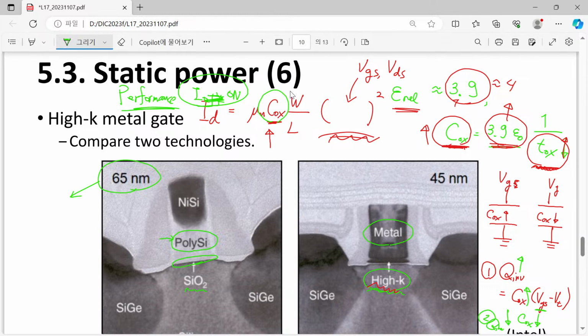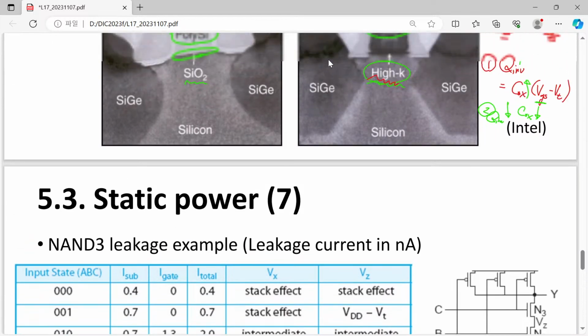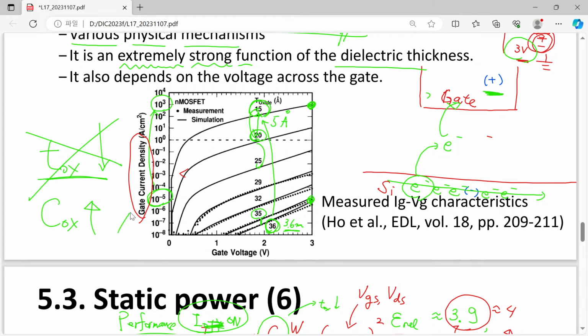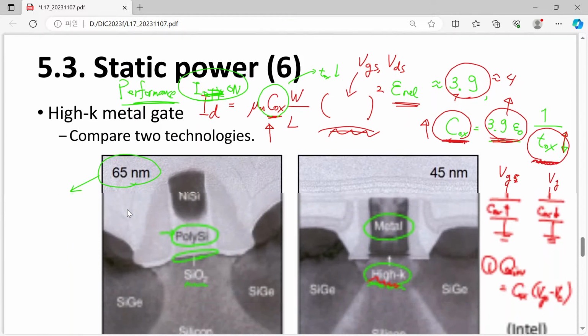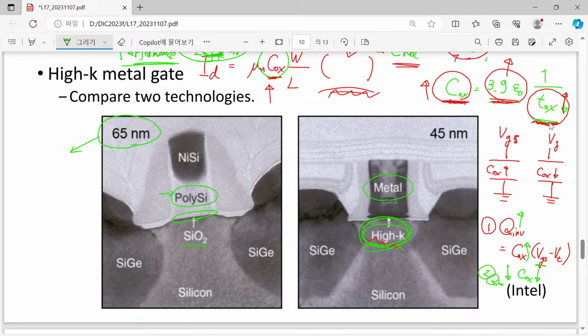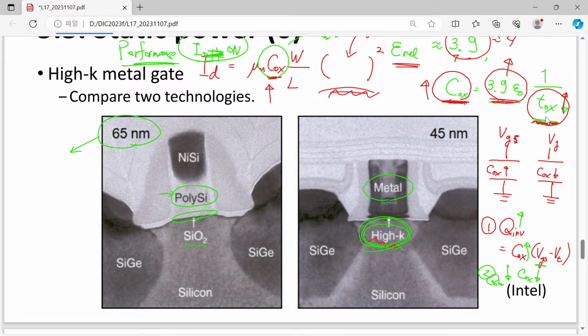So therefore we always try to decrease oxide thickness, but that was prohibited by this significant gate current increase. However, that problem was solved by very talented engineers by introducing high K material, and now using the high K material we can make this oxide thickness quite thick.